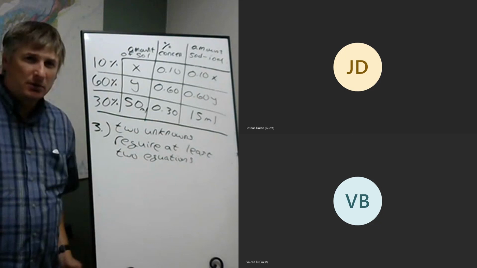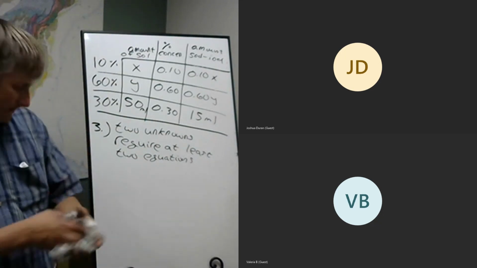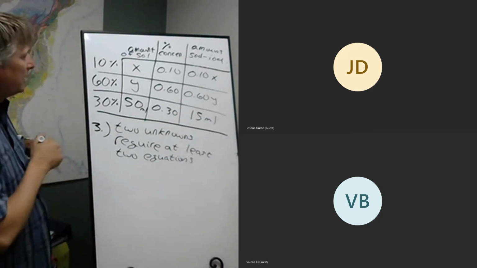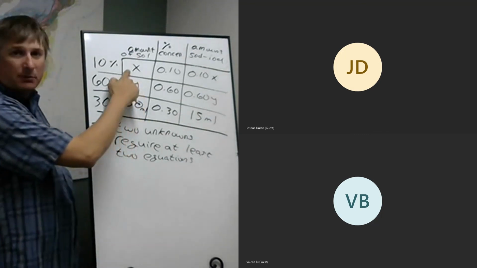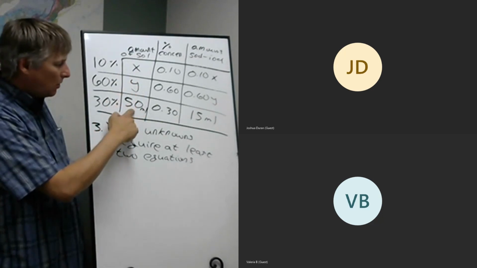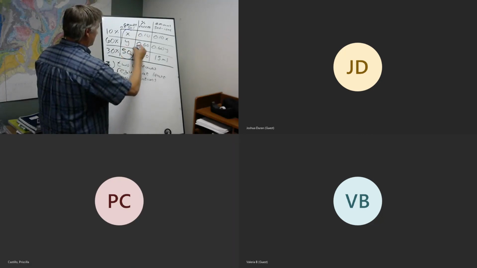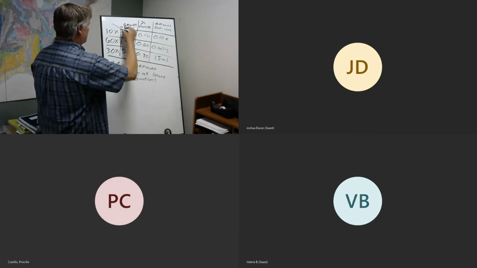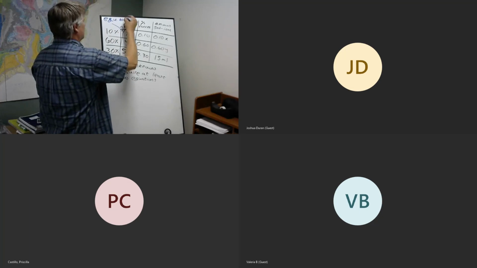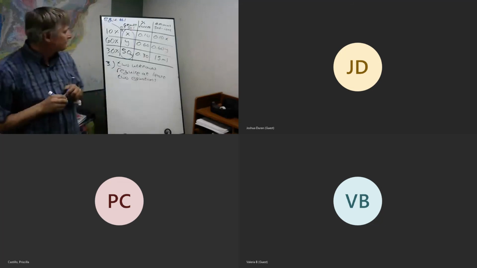So how do we come up with these 2 equations? Well, we need 2 equations that contain X and Y. Well, this is what we've got. If we take the amount of solution for 10%, add it to the amount of solution for 60, the total should be 50. So that will give us the total amount of our solution.